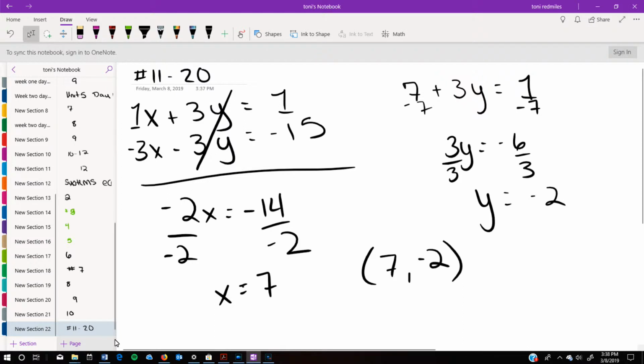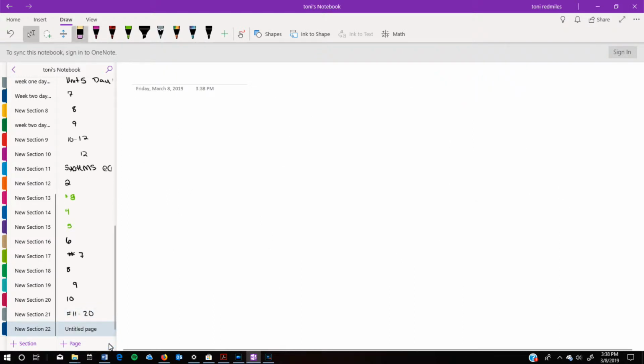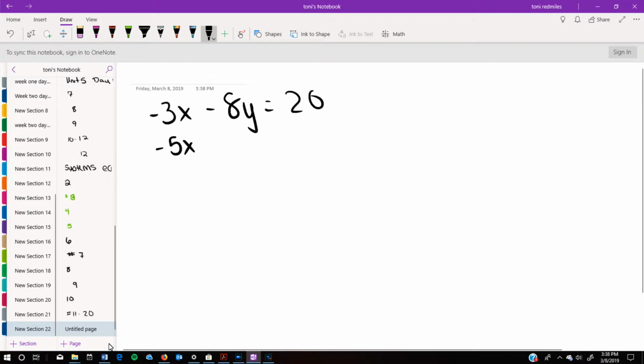All right, let's try number 12. I'm going to do this one by substitution. But the next one, just in case you're wondering, I'm going to do elimination on. All right, I'm going to multiply this one by an 8.